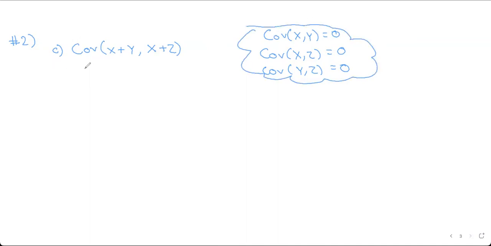Okay. So now we want to break this covariance down a little bit. We'll be using one of the covariance properties here.